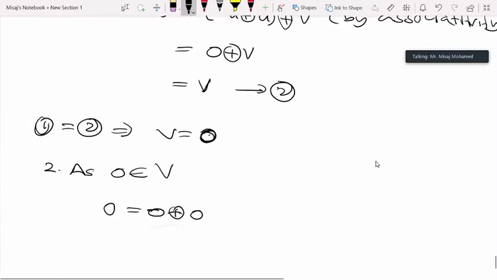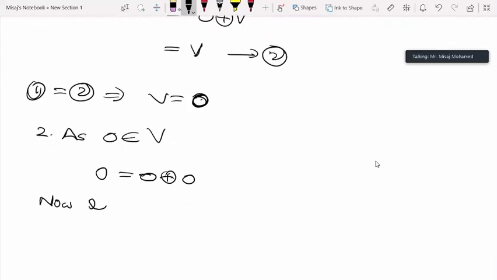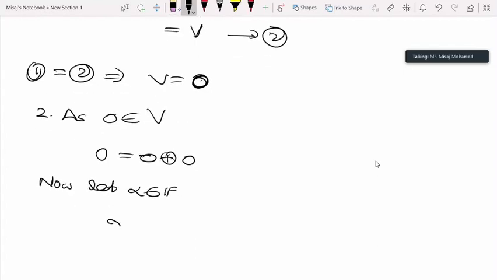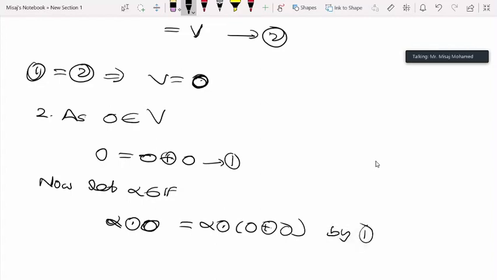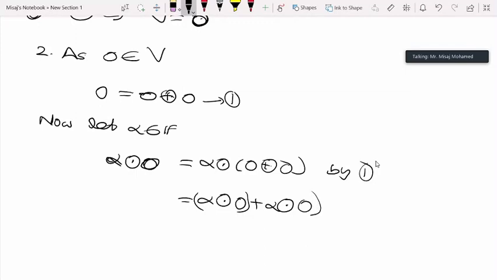So now let alpha be in F, then consider alpha dot 0. So this can be written as alpha dot 0 plus 0. This is by 1. Then alpha dot 0 plus alpha dot 0.